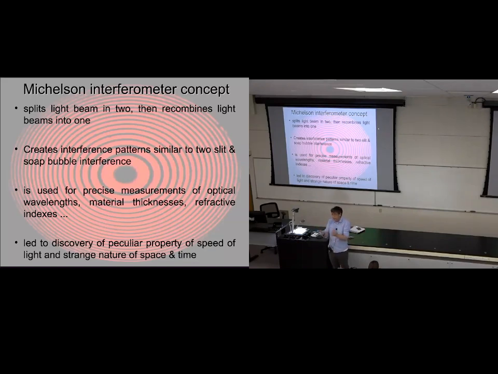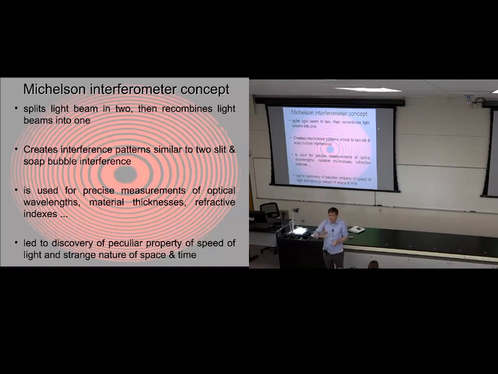So it divides a beam of light into two halves. Those two beams of light are then recombined, and when they are recombined, they interfere with one another, and you can get constructive and destructive interference.